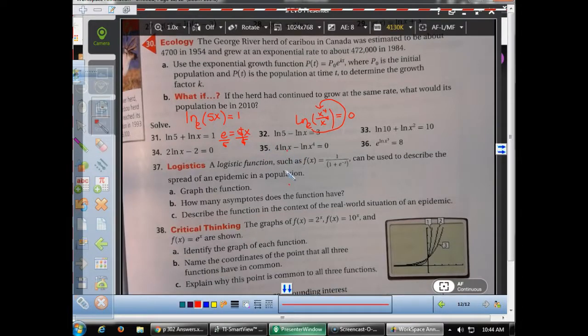So negative x's will not work. 0 will not work. So it has to be x greater than 0. So when it says that, it's saying any x such that x is greater than 0. It's almost like set notation. That is a tricky little problem there. It's a good problem, okay?